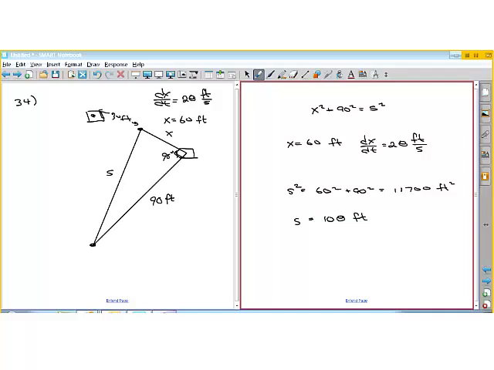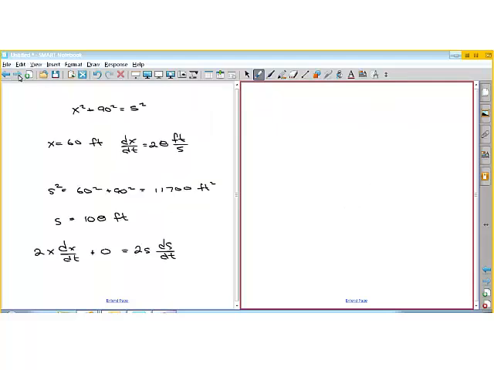We also can then take the derivative of this with respect to time, so we'll get 2x dx/dt plus 0 is equal to 2s ds/dt. And what we're trying to find is ds/dt. So we just have to solve for ds/dt.